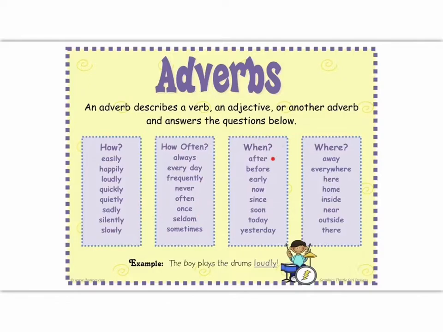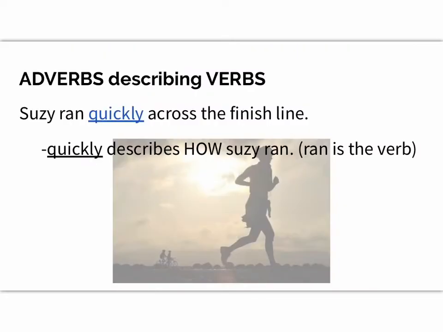When is it being done? After or before, now, since. And then where, away from here, everywhere, inside, outside, there. Those are adverbs. And here's an example down at the bottom. The boy plays the drums loudly. How is he playing the drums? Loudly. So there's an adverb describing the verb of the sentence, which is plays.